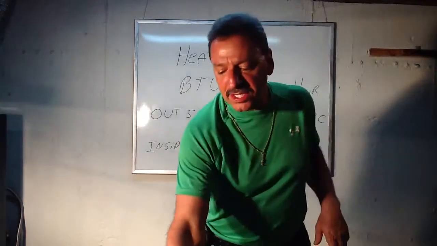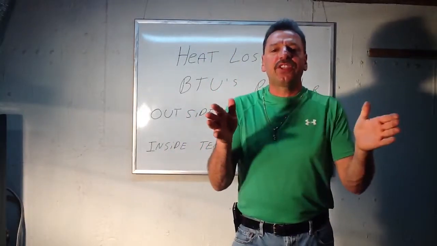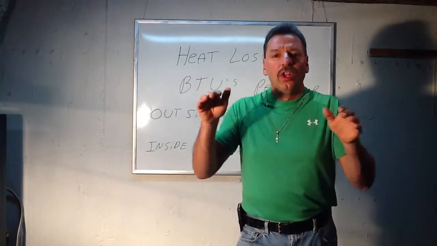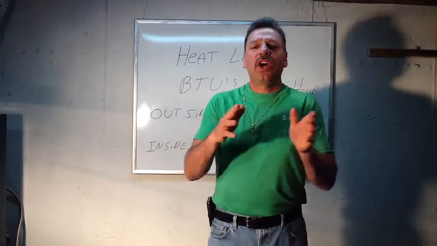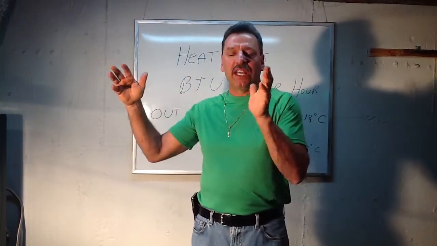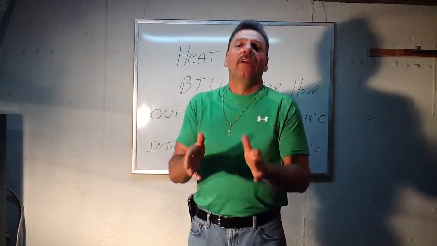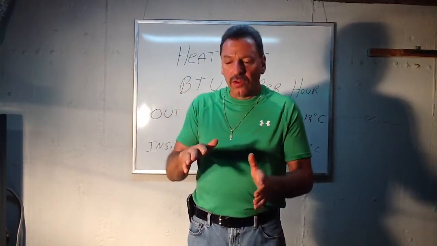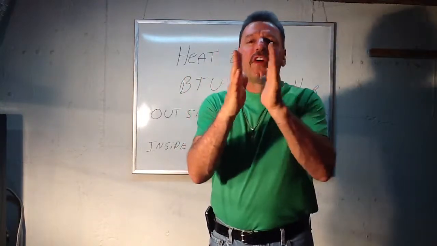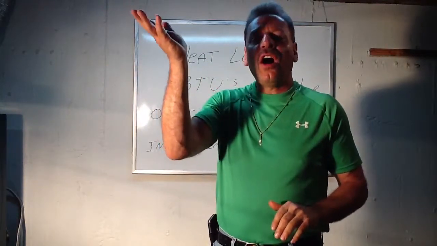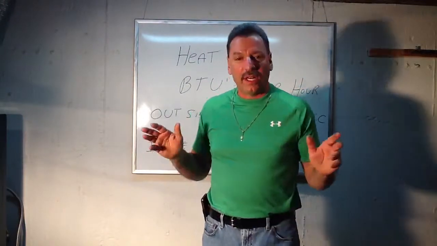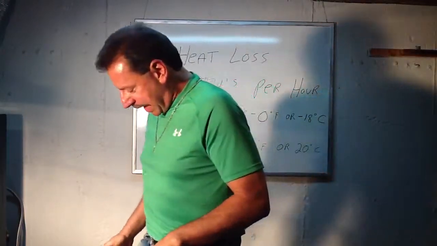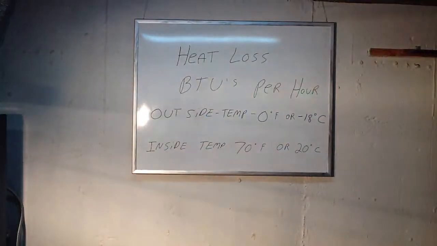Now you'll quickly see that the thicker the insulation is in the wall, the lower the number that they want you to multiply by the square foot, which is going to give you the BTU loss. The thicker the insulation, the lower the number. The thinner the wall, the thinner the insulation, the higher the number is going to be, because that's going to be a greater BTU loss. I just want you to understand that. And I'll put the camera on the book so you can understand that.